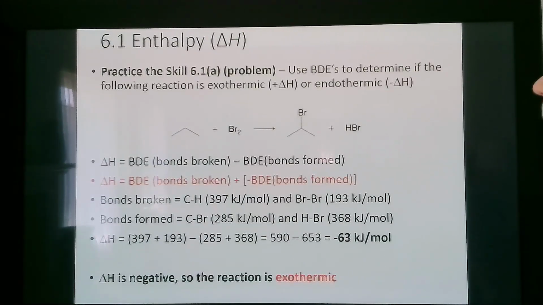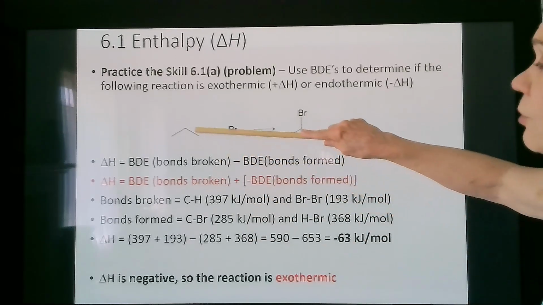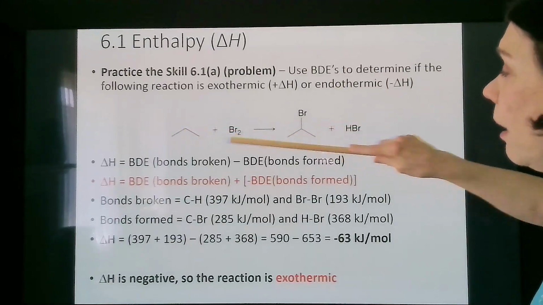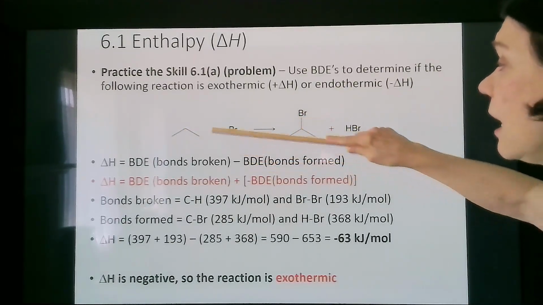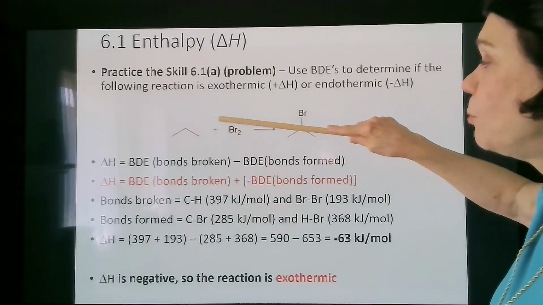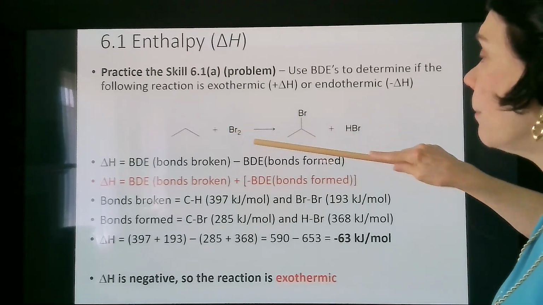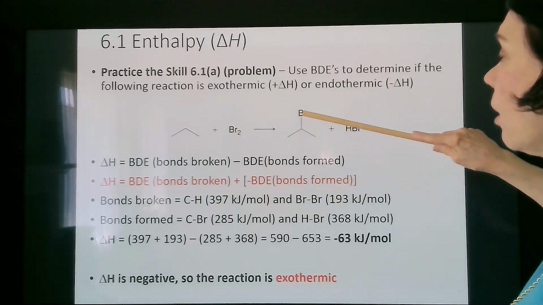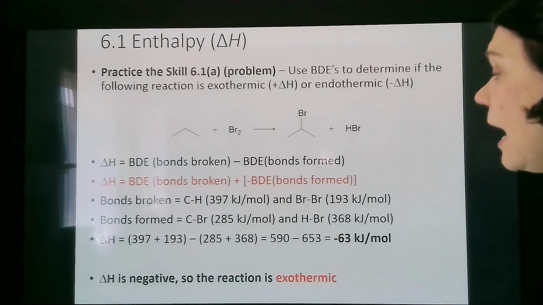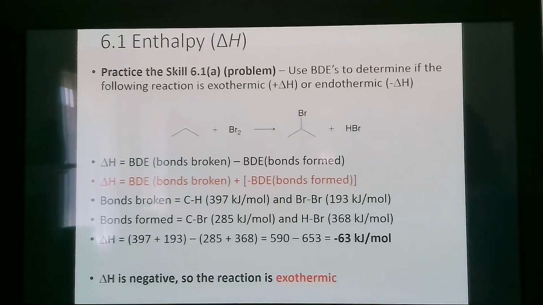So here's another problem that is worked. And so here you're replacing a CH bond with a CBr bond. So you're going to break a CH bond and a BR bond. You're going to form a CBr bond and an HBr bond. And this is analogous to the previous question.